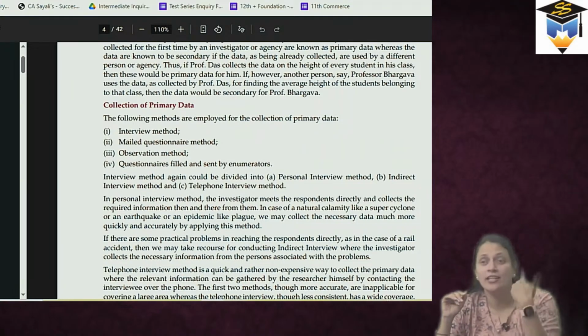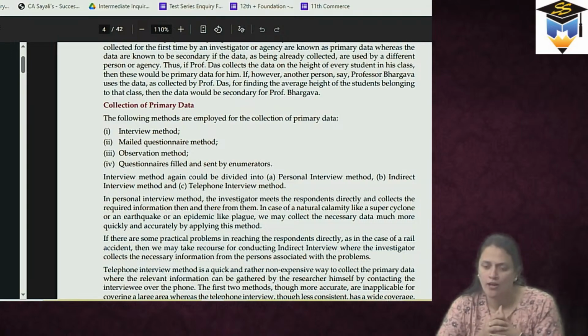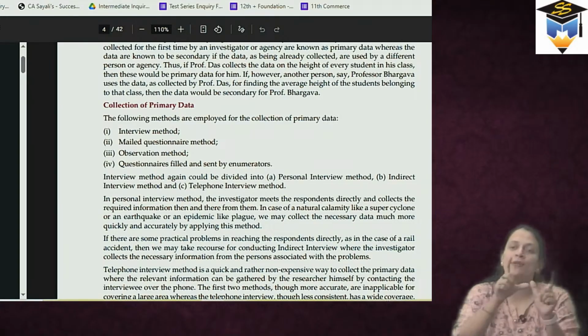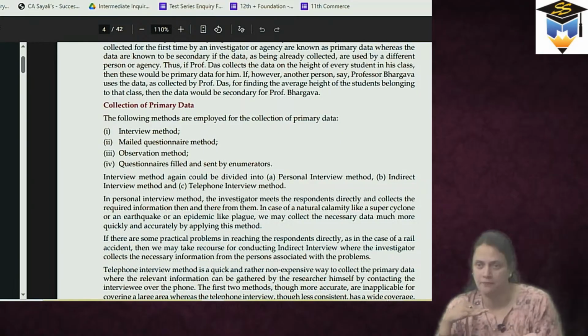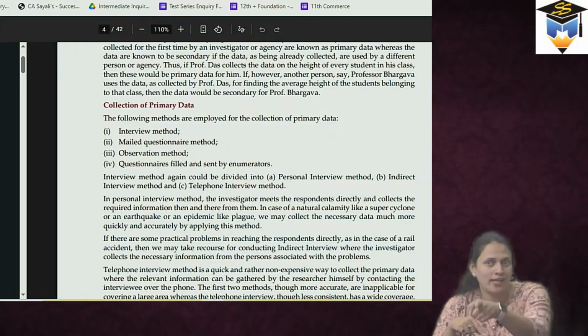Okay, so I am interviewing that person. So that is going to give me interview method, personal interview. Or suppose I am asking Param, who is my student, about another student, let's say Ananya. I want to have some information on Ananya from Param. Okay, so in this case, indirectly I am taking an interview.